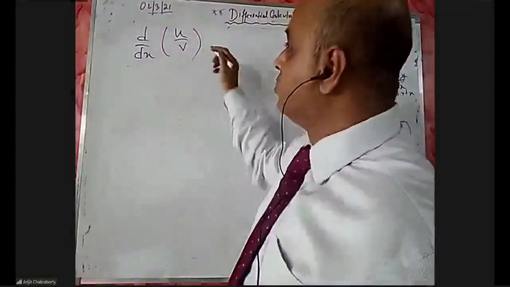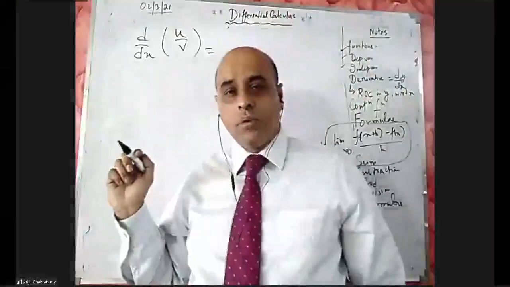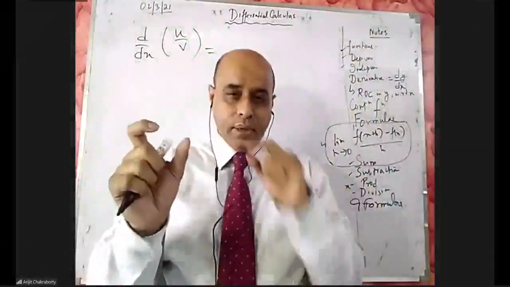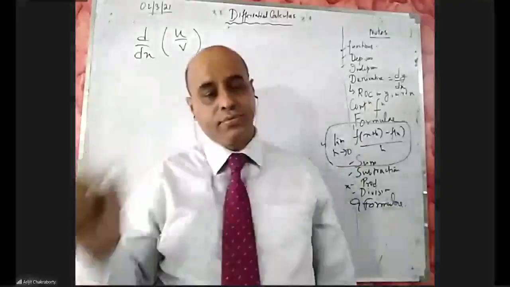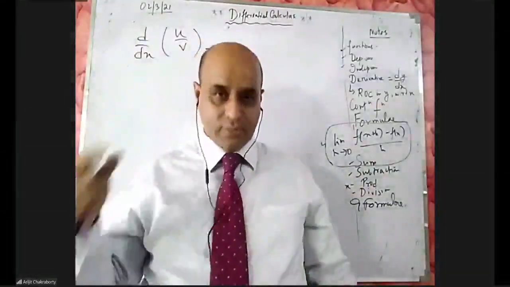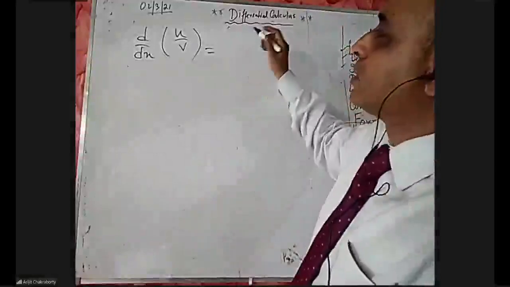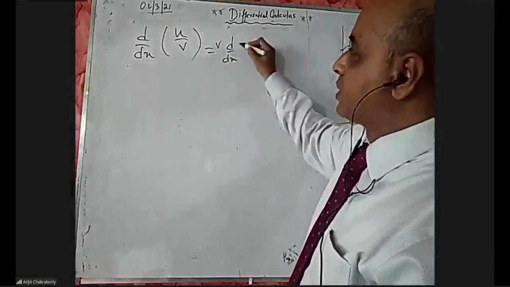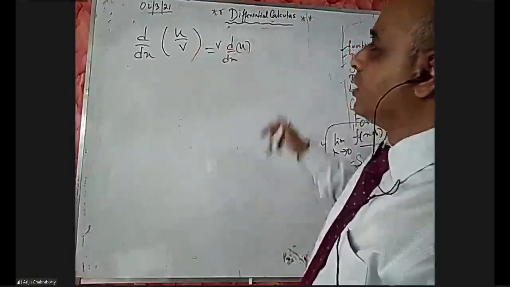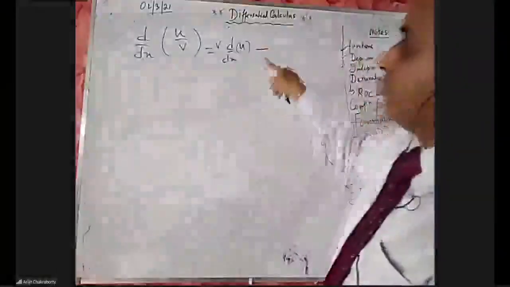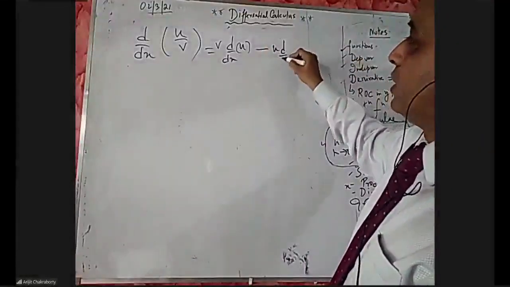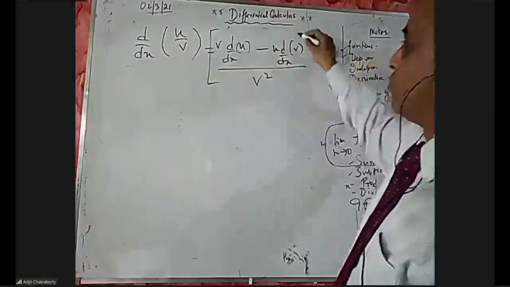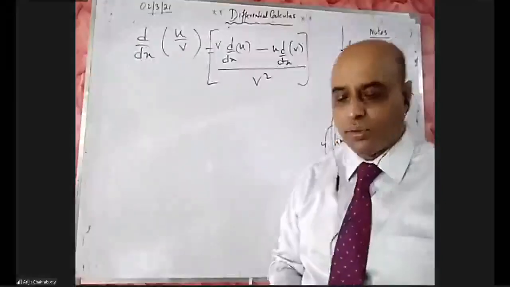We will keep v outside and first target the first function, u: d/dx of u. Minus, instead of plus we have a minus here, minus u into d/dx of v, divided by v square. So this is the full formula which you need to remember for the division part.